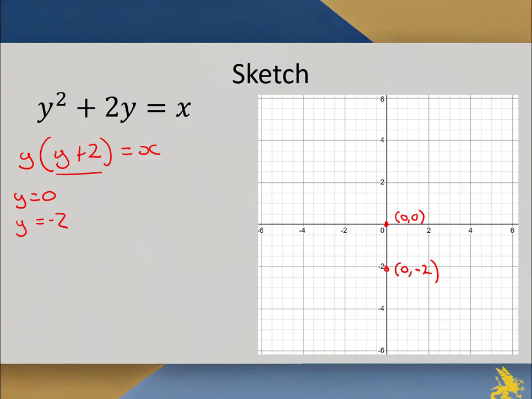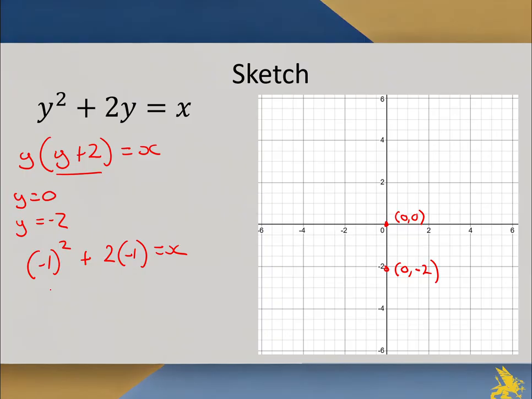The second part that I need to know is my turning point. Now, we always know that if we've got 2 points, the turning point is going to be the halfway point. So I'm just going to look at y is negative 1 and substitute that into my equation. Negative 1 squared plus 2 times negative 1 will give me my x value.